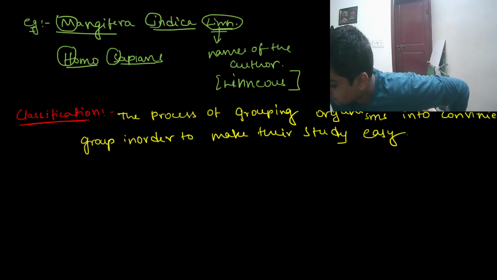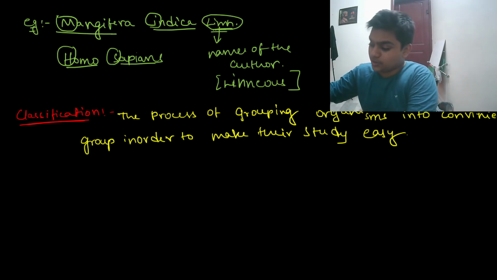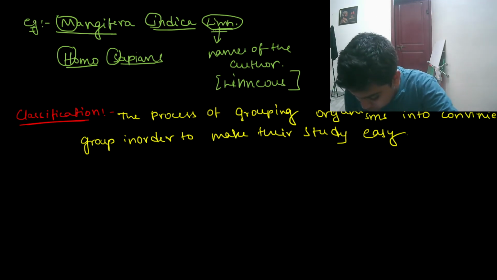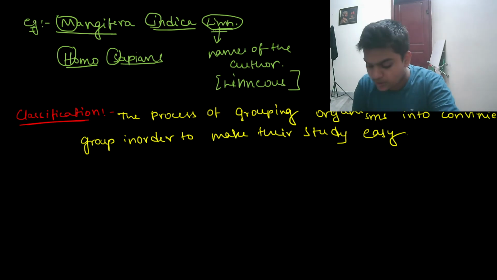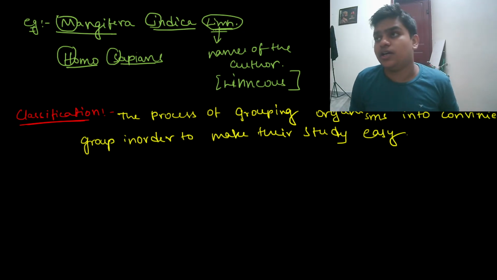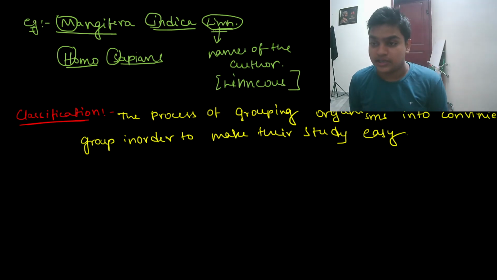For example, we easily recognize a group of plants or animals, like dogs or cats. On which basis? If you take a dog and cat, they have similarities.